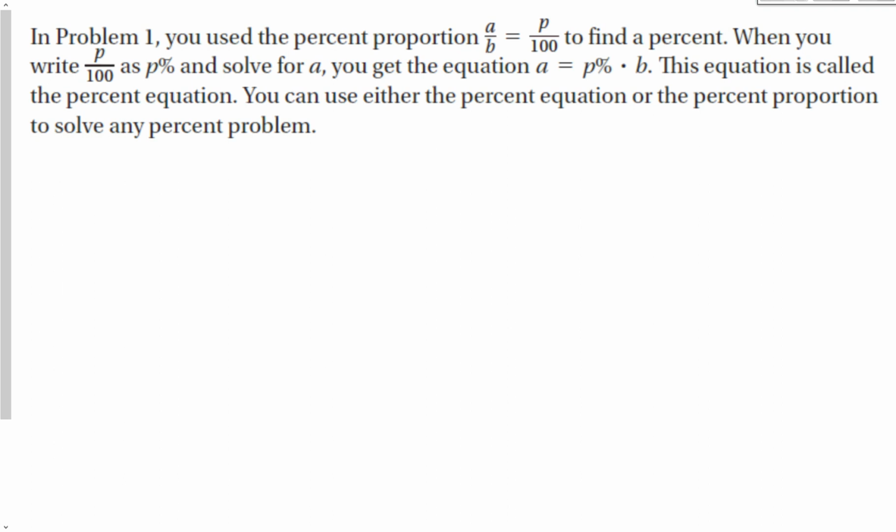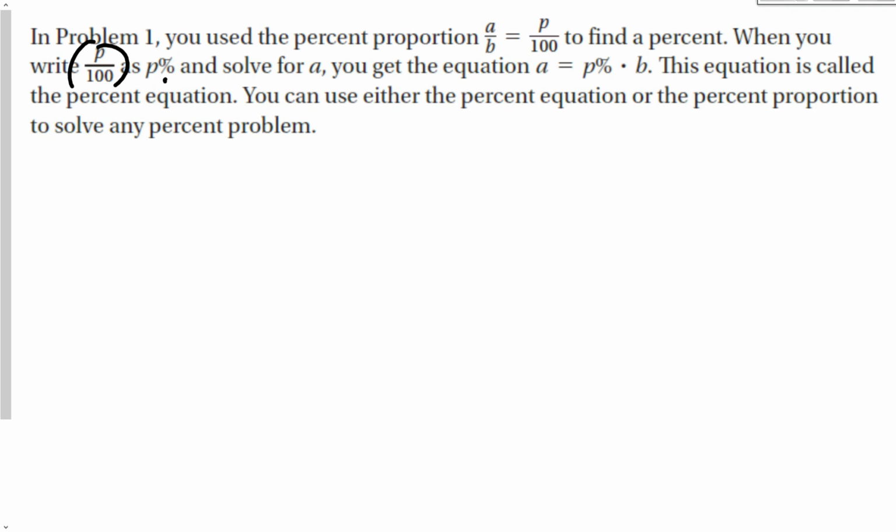When you write P over 100 as P percent and solve for A, you get an equation that looks kind of like this. A is equal to some percent times B, right? If I just think of that as one term. This equation is called the percent equation.